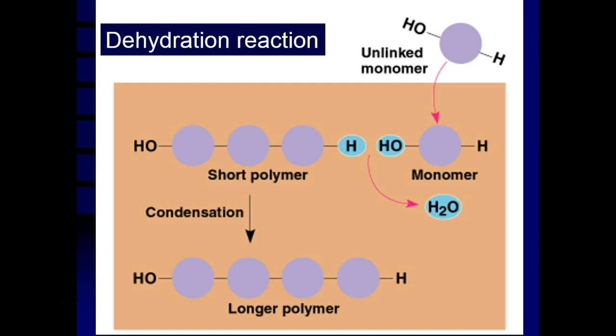So if your liver is going to build glycogen from glucose, what it does is really cool. As you can see, on one side of the monomer we have a hydroxyl group. On the one on the chain we have an exposed hydrogen. They come together and they form a water molecule. And the water molecule leaves. This is why we call this dehydration.